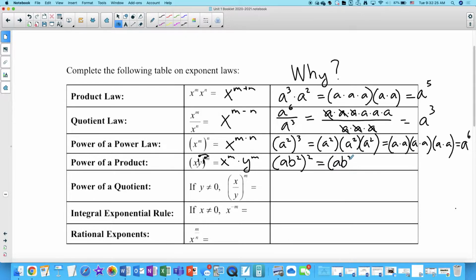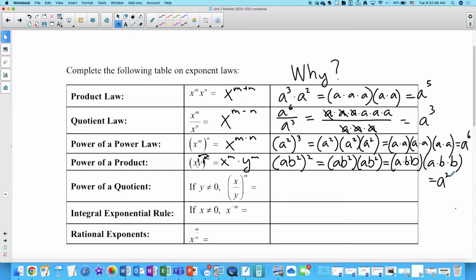And if I expand these out, a times b times b times a times b times b. And if I group the same variables together, I've got 2 a's being multiplied together and 4 b's being multiplied together. So this is essentially a squared b to the 4.